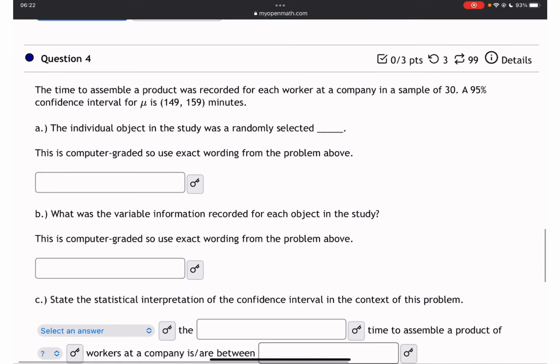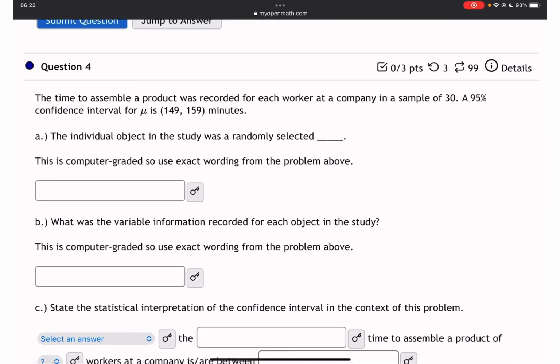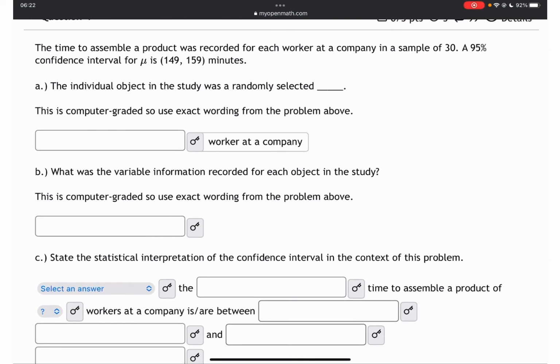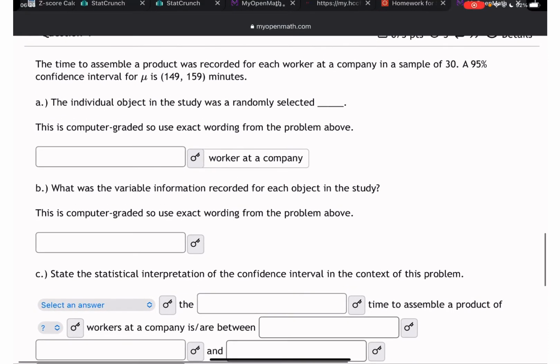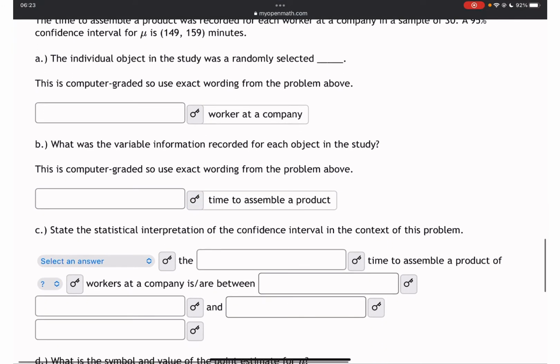This is computer graded, so use exact wording from the problem above. I would say each worker at a company. That would be the individual object. Worker at the company, correct. What was the variable information recorded for each object? It was the time to assemble the product. Okay, perfect.